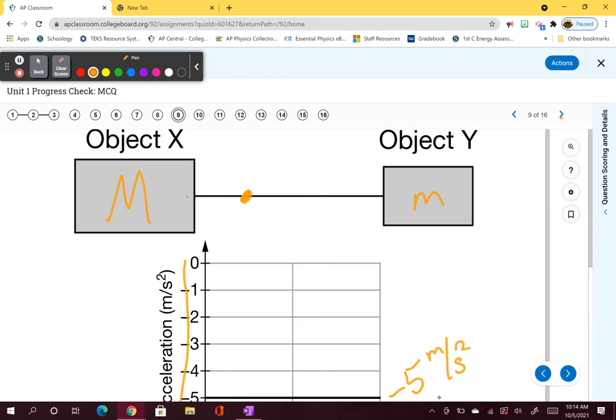But since object X has a bigger mass, it'd be closer to it. Anytime you have a weirdly shaped object that you're treating as one object, like a box connected to a spring, you're going to think about the movement happening there. So think about you have your motion sensor focused on that spot.